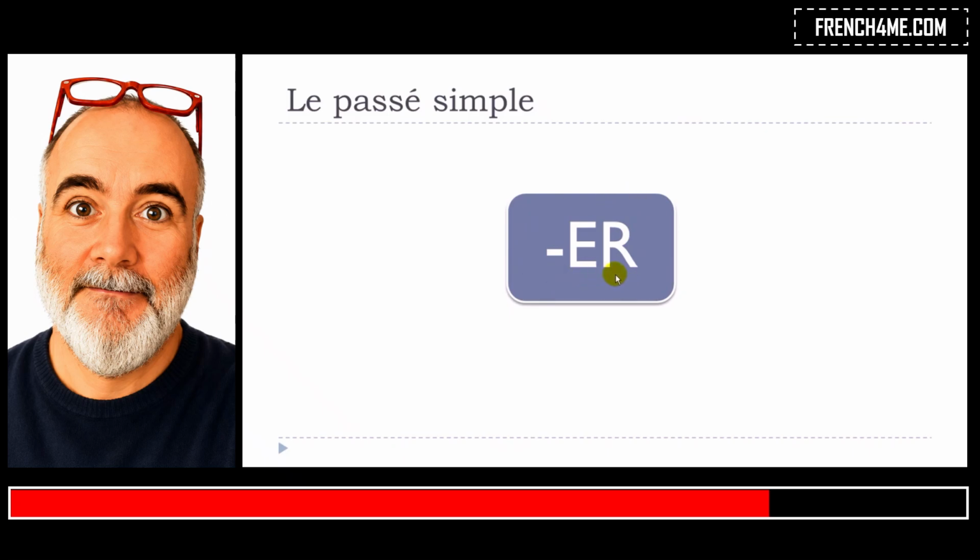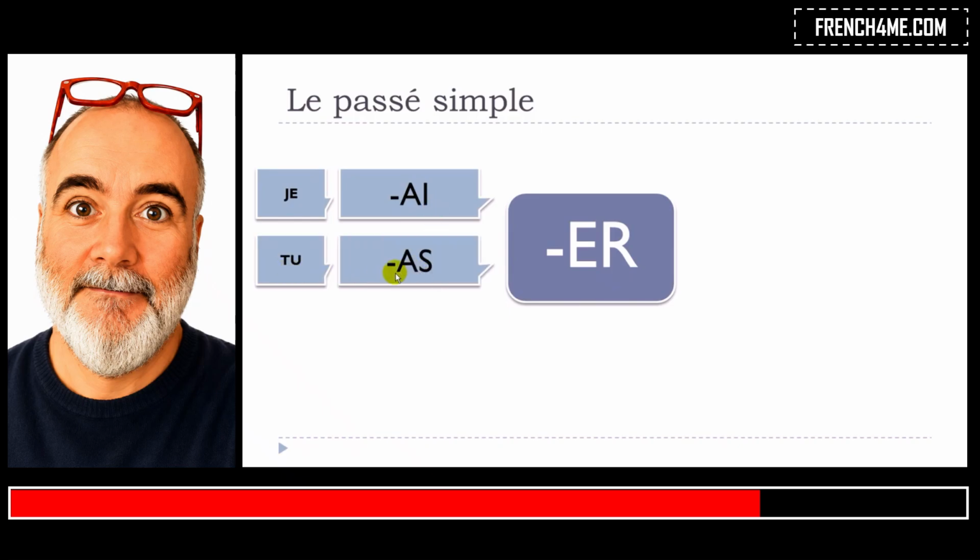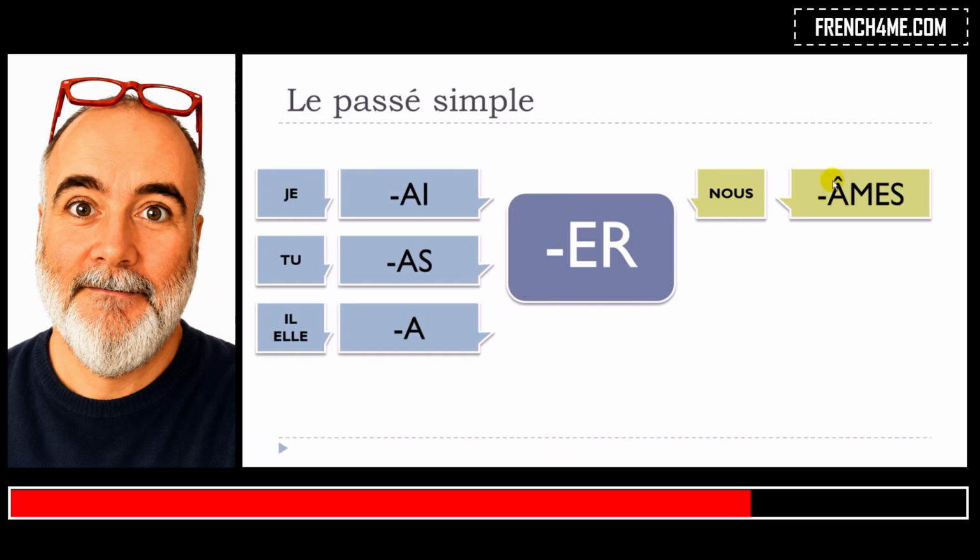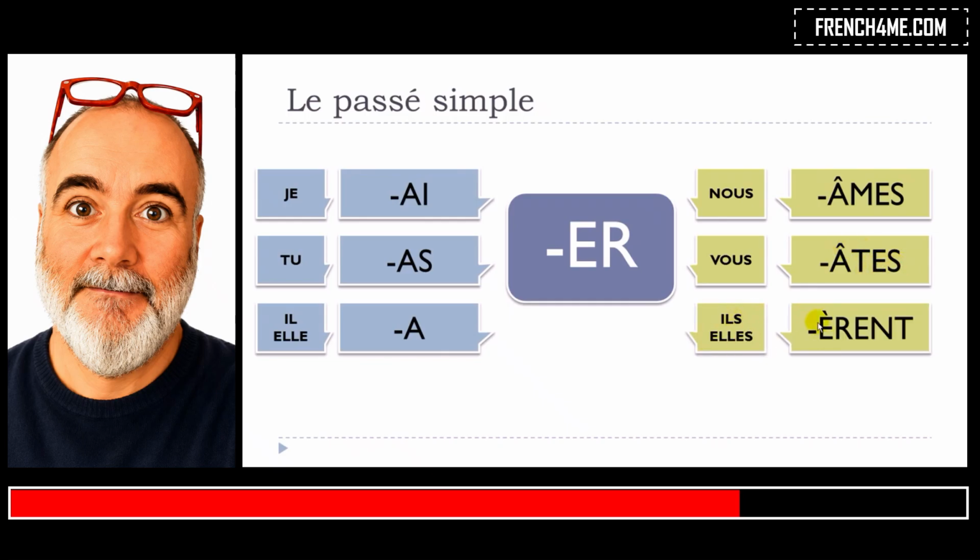And for this group, the endings will be for je, ai, and then for tu, as, il, elle, a, nous, â mes, vous, â tes, il, elle, at the plural form, èrent.